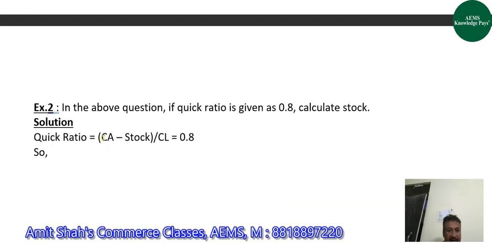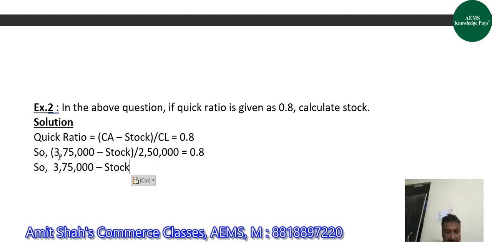So, current assets which we have already calculated is 3,75,000 minus stock upon current liabilities, that is 2,50,000, is equal to 0.8. So 3,75,000 minus stock is equal to 0.8 into 2,50,000.